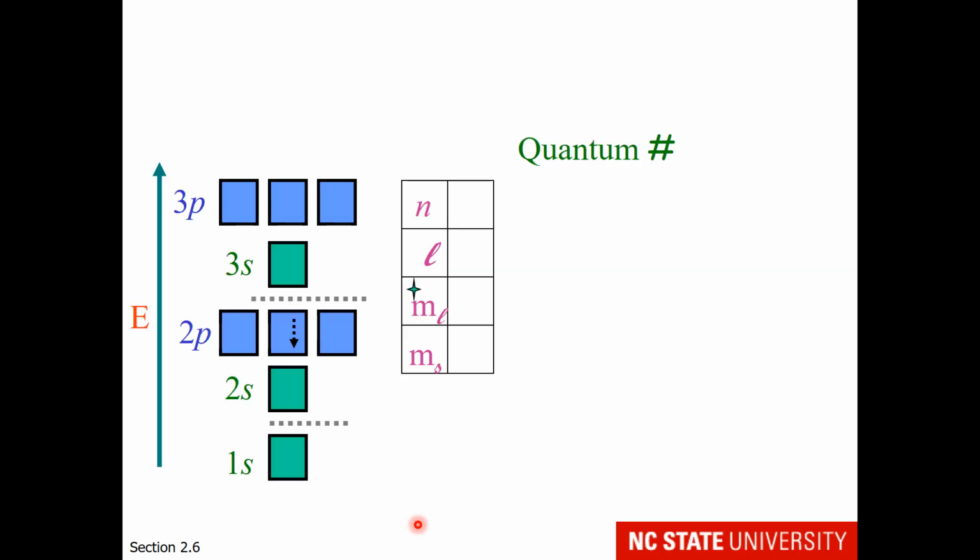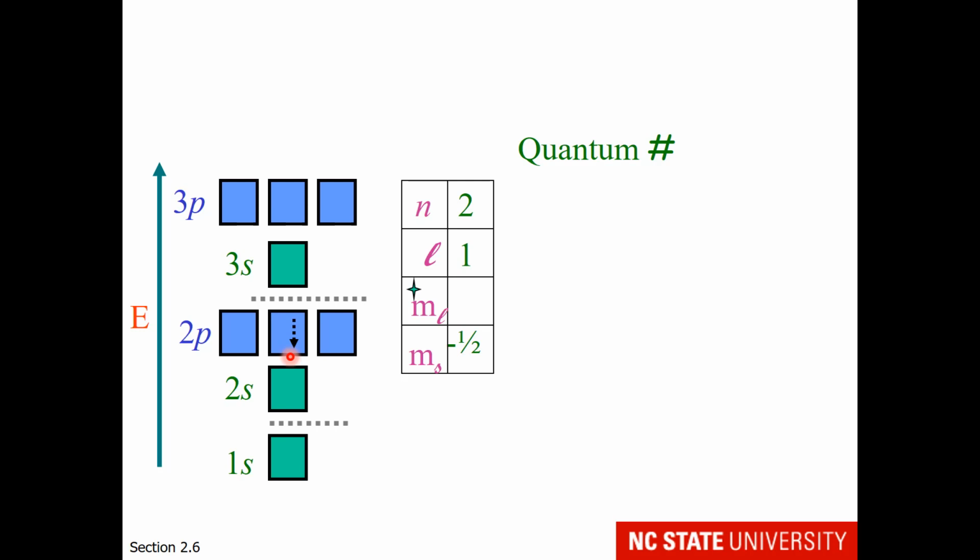So if you were asked, what is the quantum number set for this particular electron? Well, we can see it's in the 2p sublevel. So n is 2, L corresponds to 1. I'm going to skip m sub L for a minute. It's pointing downward, so that's a minus 1/2.